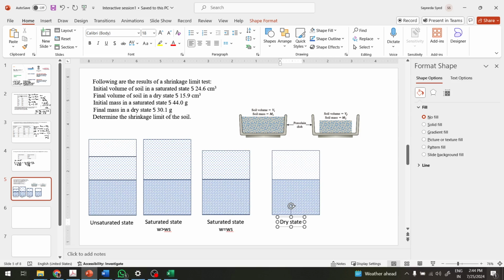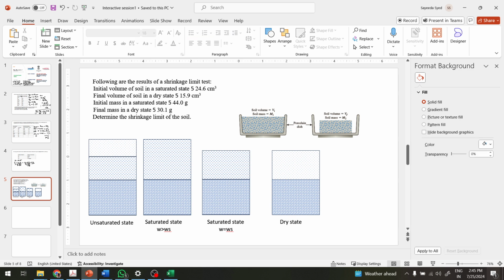Okay, so the initial volume of the wet soil, this is V1. The final volume of the soil will be here, and if we want to calculate the shrinkage limit, we have to take, okay, shrinkage limit is the water content here, isn't it?